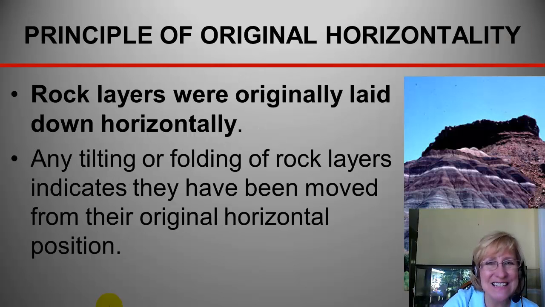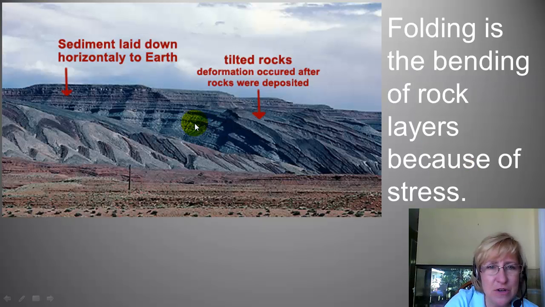What that says is that rock layers are originally laid down horizontally, and any tilting or folding of these rock layers occurs after they were laid down. And if you see tilting and folding, then you know that the rocks have been moved from their original position. In this picture, you can see some folded rocks right here.